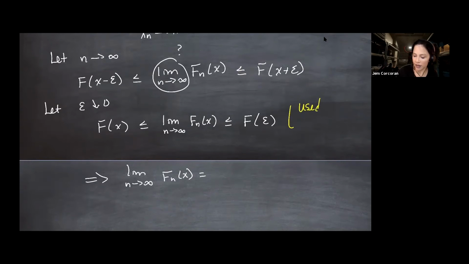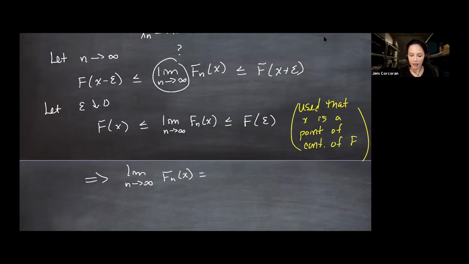So I used that x is a, why do I make parentheses when they're not even going to hold? A point of continuity of F. And so we've got our conclusion, blah, blah, blah. And this implies that X_n converges in distribution to X. Yay, us.